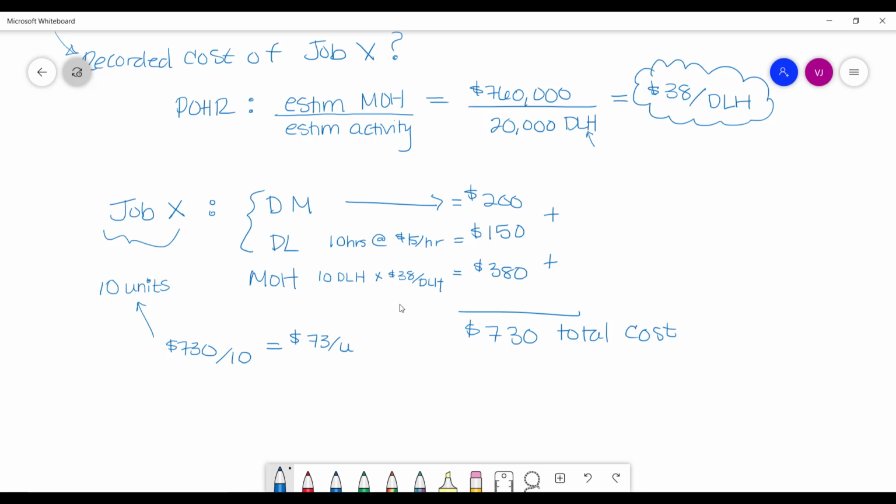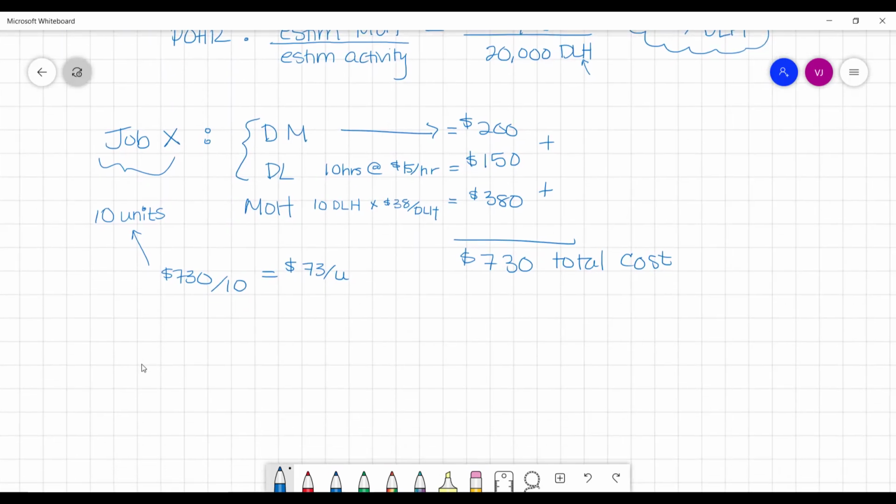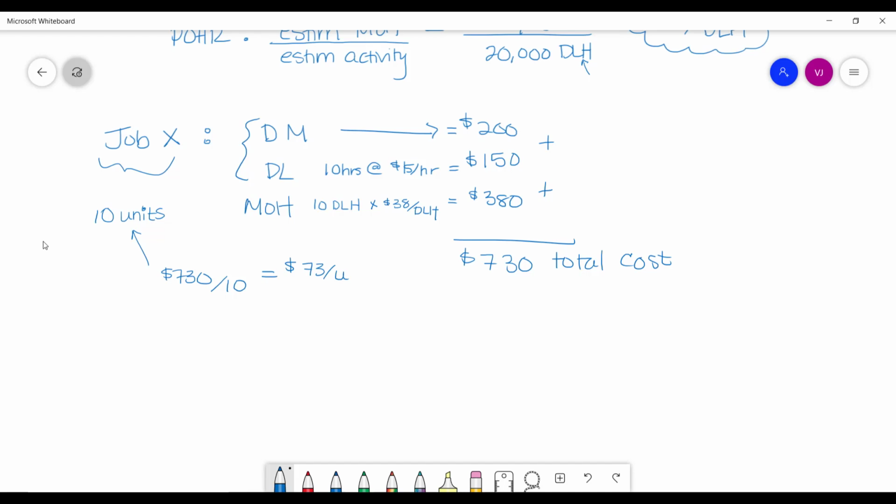Now, once we know what the cost is of the entire job here, although it includes an allocated amount, right? This is where a manager can go ahead and figure out what they might price this job at. So let's assume that the markup percentage for this department or this kind of job is 100%. Okay, so I need to know what the cost is if I want to know what to price that job at. So the $730, that's the cost, right?